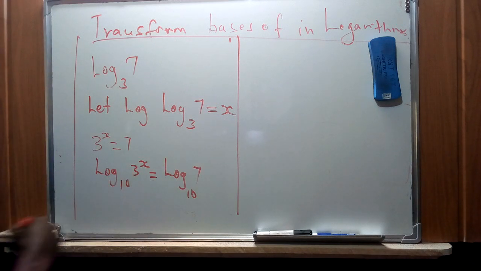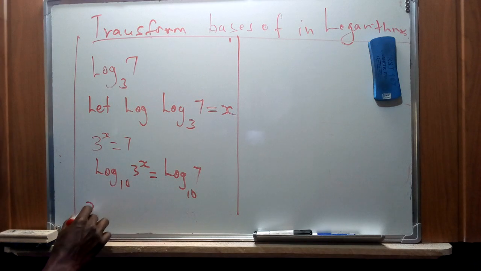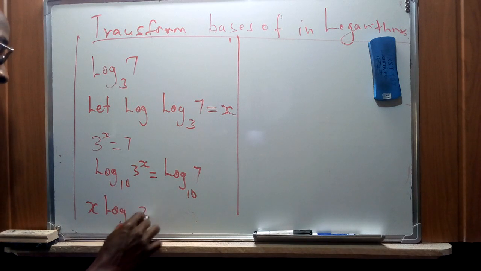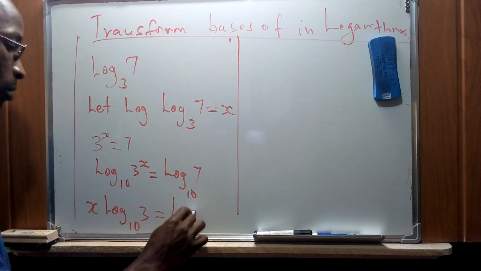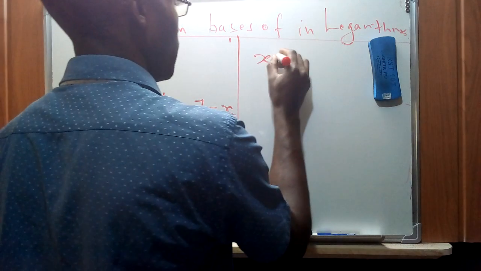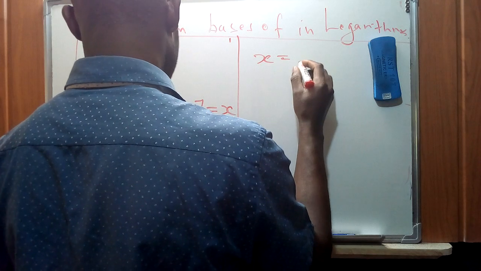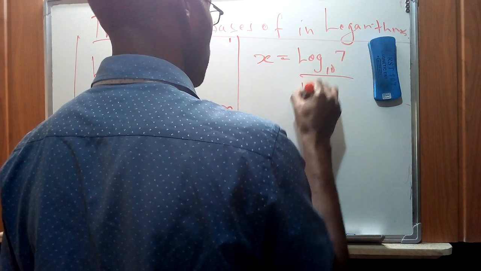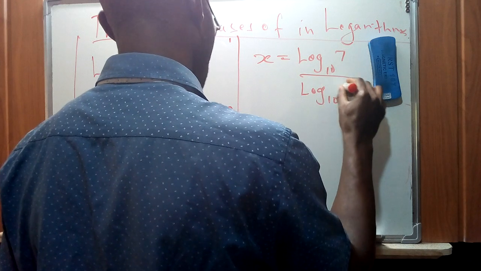Using this concept, we can take x as a coefficient, so x times log to base 10 of 3 is equal to log to base 10 of 7. So I've done a rearrangement for the part on the left side. Therefore we can express x as log to base 10 of 7 over log to base 10 of 3.